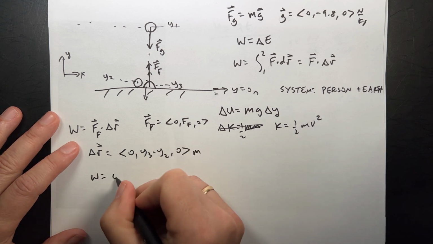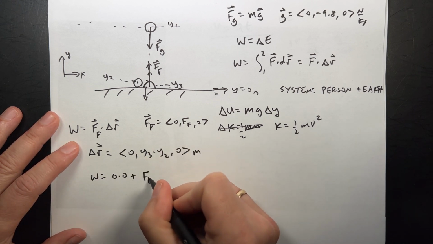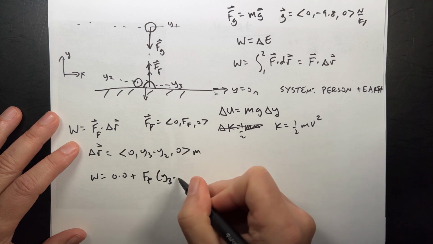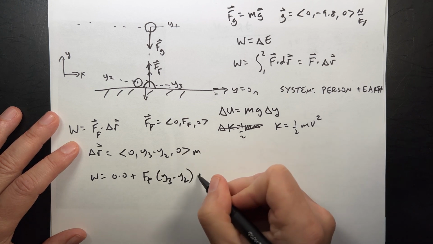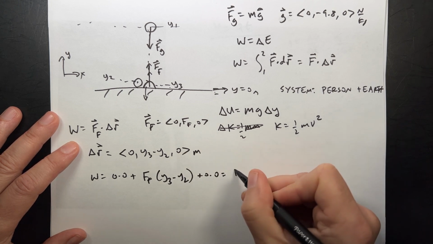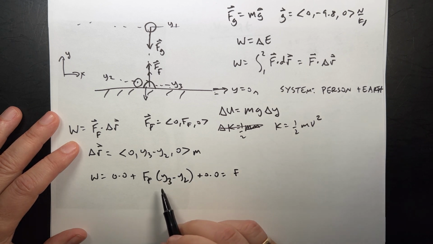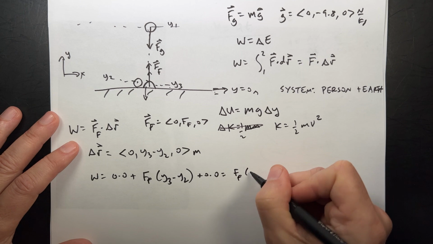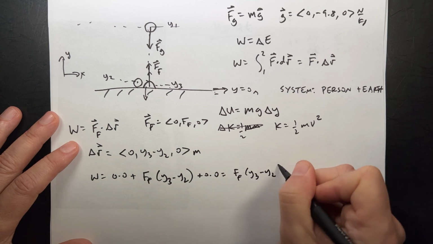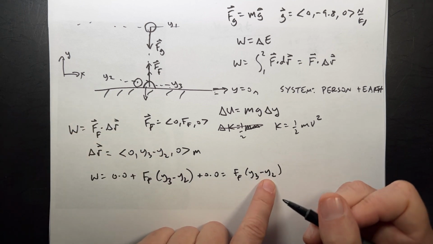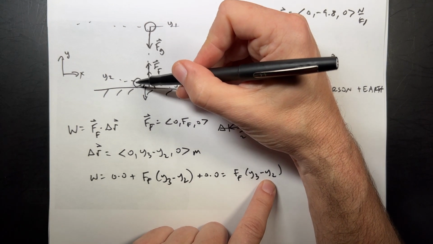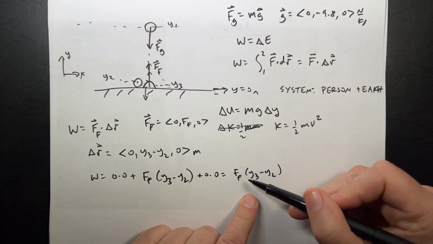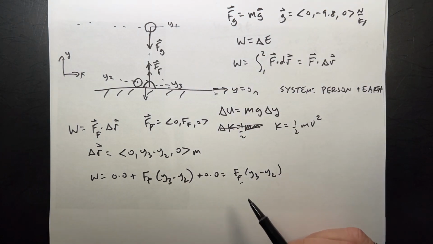It's going to be 0 times 0 plus FF times (y3 minus y2) plus 0 times 0. And it looks like it's positive, but it's not. It's FF (y3 minus y2), because remember, y2 is right here. It's higher than y3. So this is a negative number. So I'm going to get a negative work. That's important.